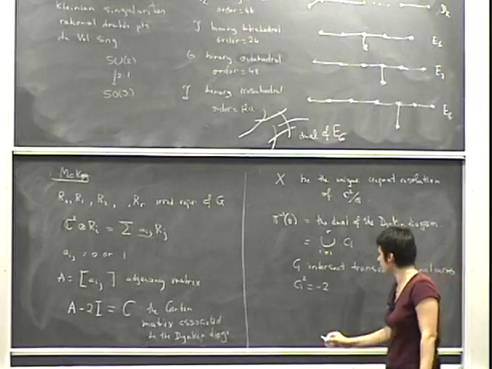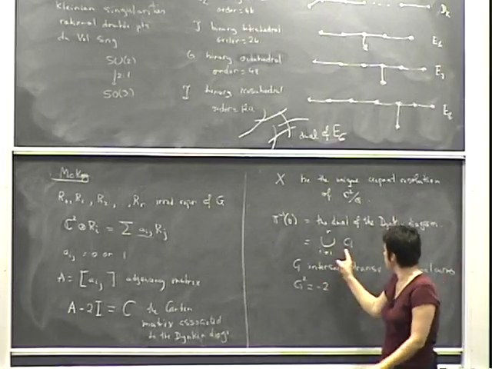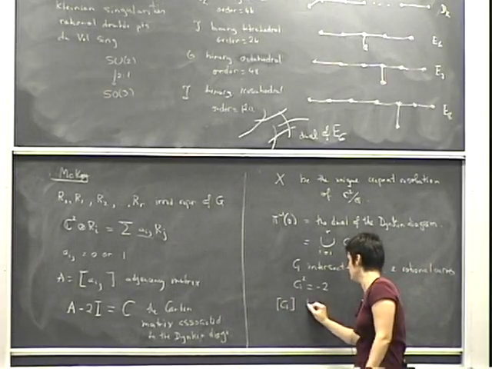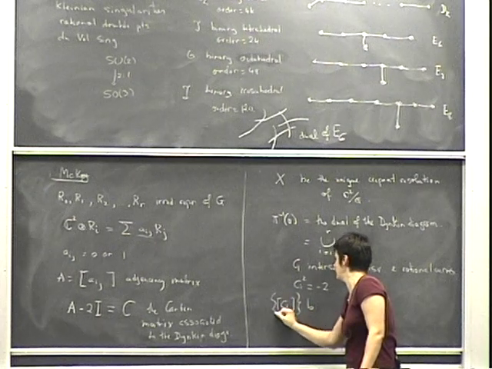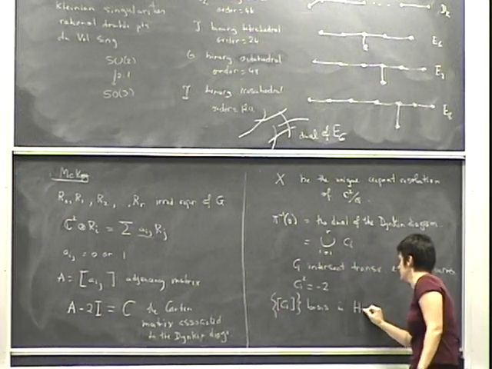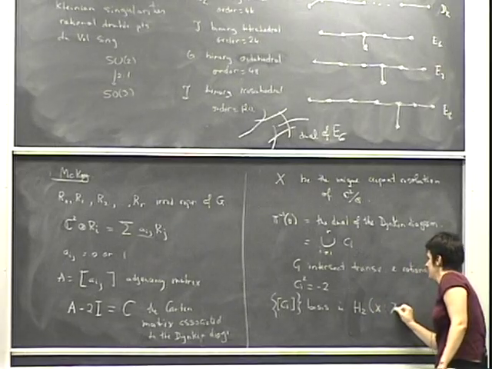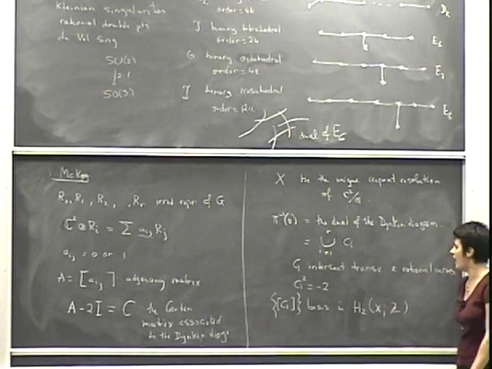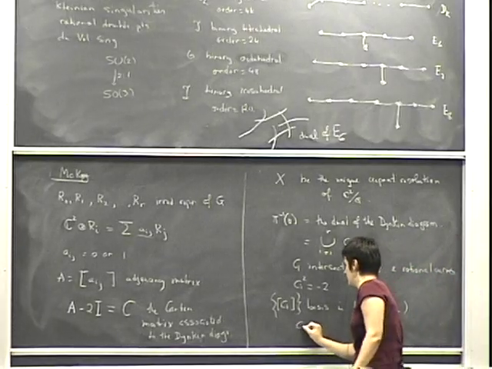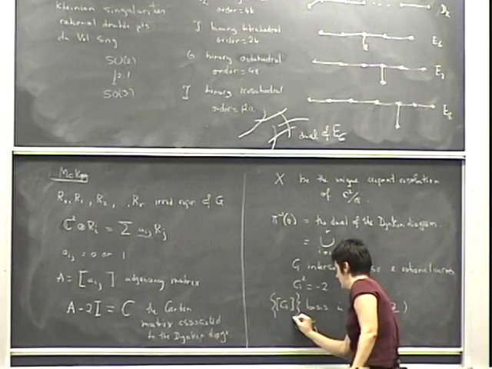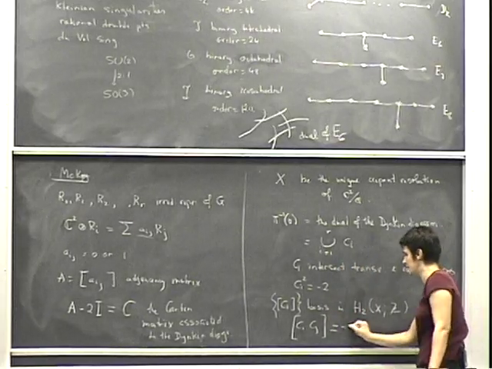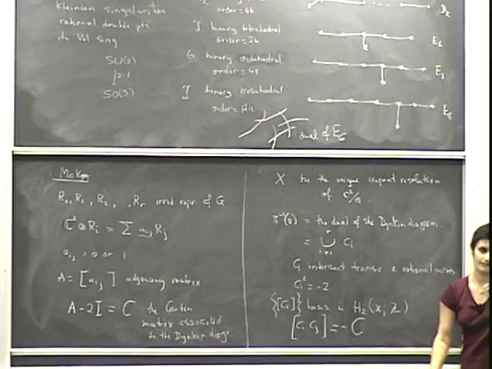And moreover, these classes C_i form a basis in homology, in H2 of X, with coefficients in C. And the intersection pairing C_i times C_j is the negative of the Cartan matrix.